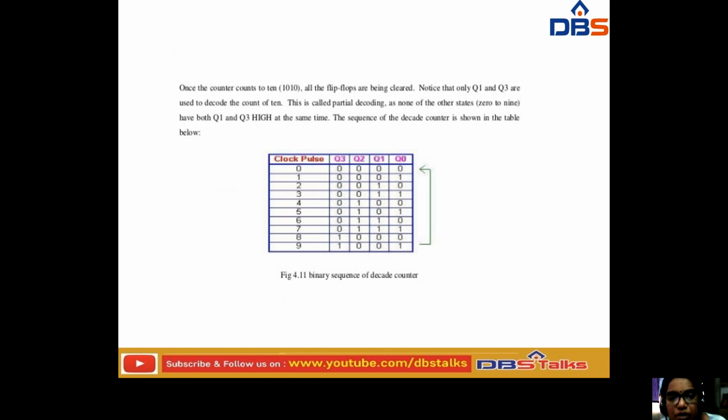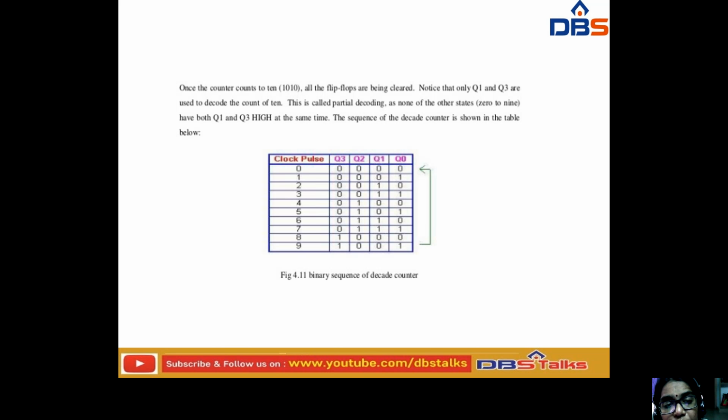So if you have observed, once the counter counts from 1 to 10, in binary the value of 10 is represented as 1010. If the counter counts to 10, then let us see how the flip-flops are being declared.